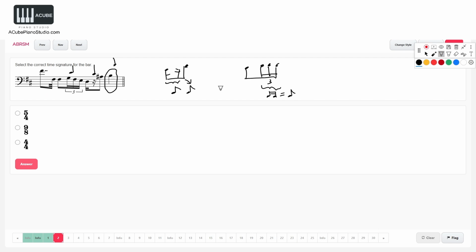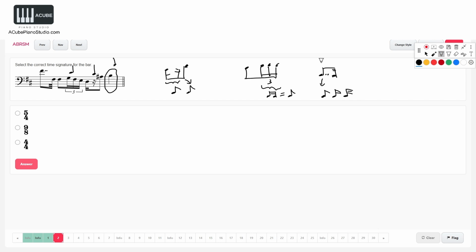Let's take a look at this part. So you have a dotted quaver plus a demi-semiquaver. So whenever you have a dotted quaver, when you have 2 dots, it means it is itself plus half of itself plus a quarter of itself.